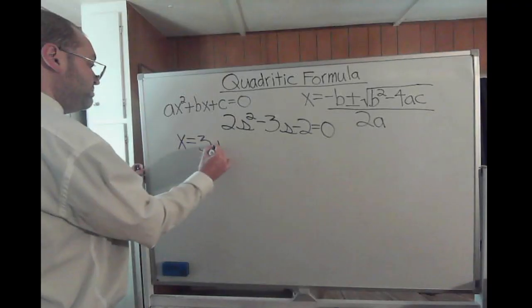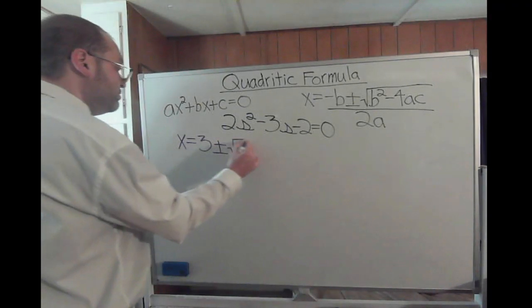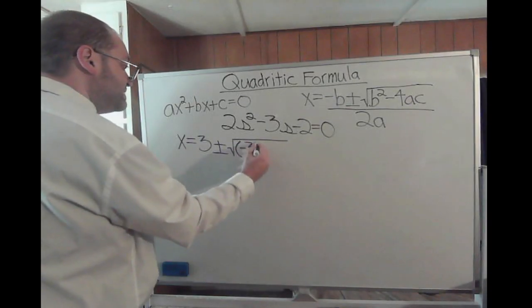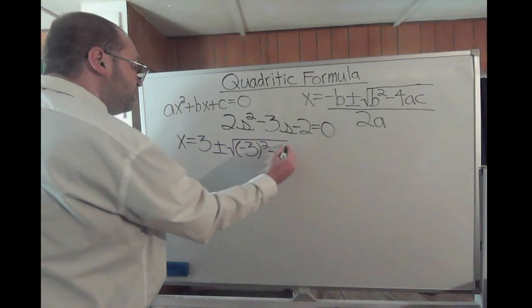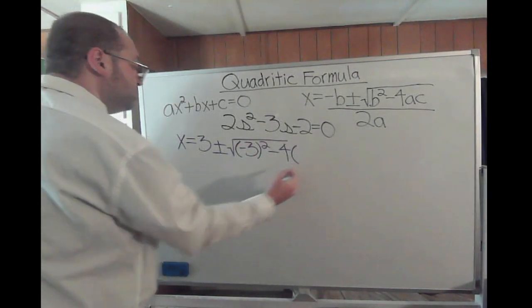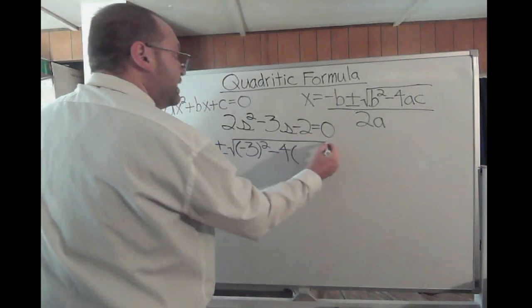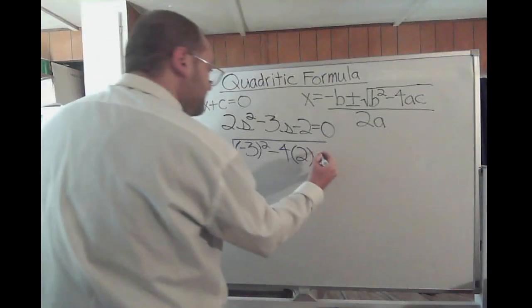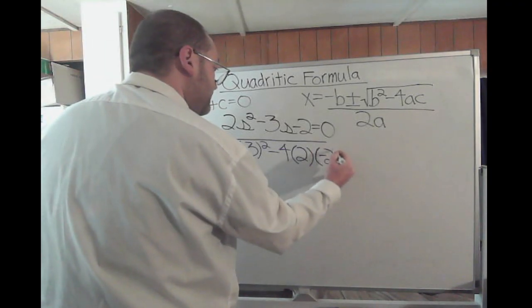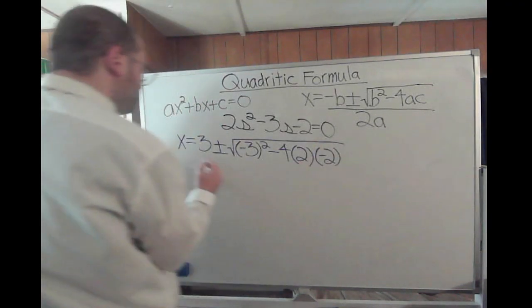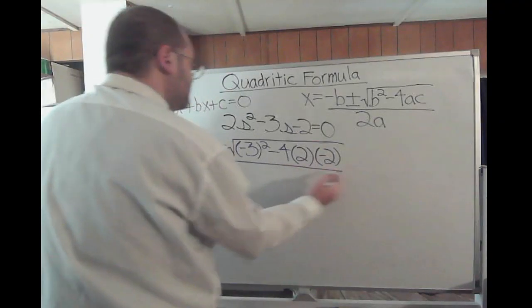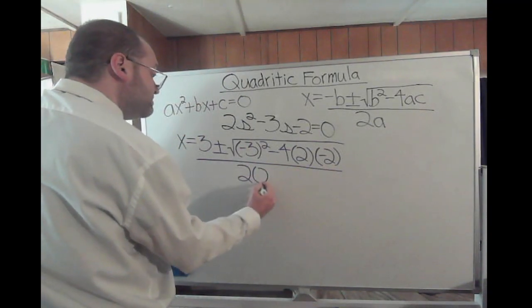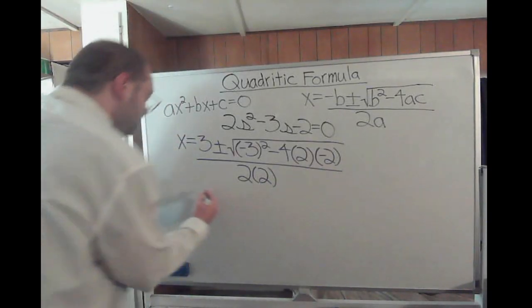So you have 3 plus and minus the square root of that b squared, so that'd be negative 3 raised to the second power minus 4 times your a, which is 2, times your c, which is negative 2, which would now be all over 2a, which a is 2, so that'd be over 2 times 2.